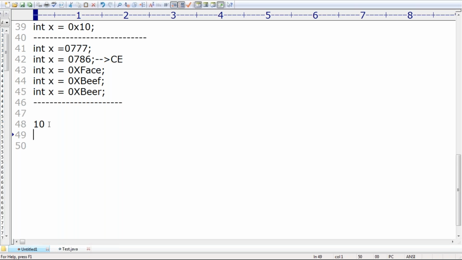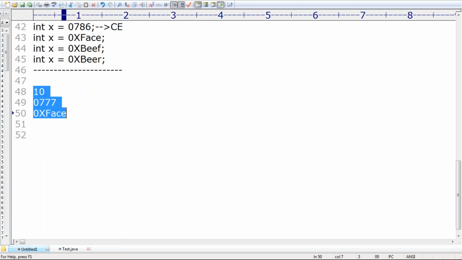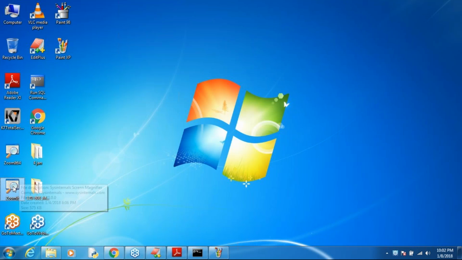Now I'm taking 0777. Integral literal or not? Yes. Sir, I'm taking 0x face. Is it an integral literal or not? Very important point. Maybe decimal or octal or hexadecimal, are all these things integral literals or not? Anyone, can you please tell?